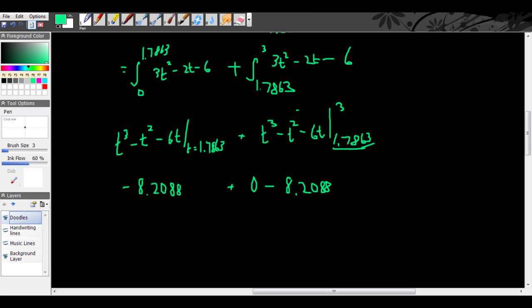So when you plug 1.7863 into this indefinite integral, we just get 8.2088 back out, and so we'll just multiply that by 2, and our total distance traveled is 16.4176, unitless. So there's the answer.